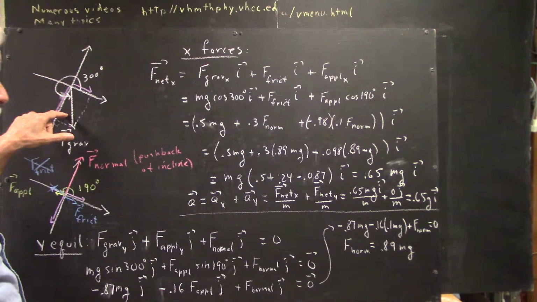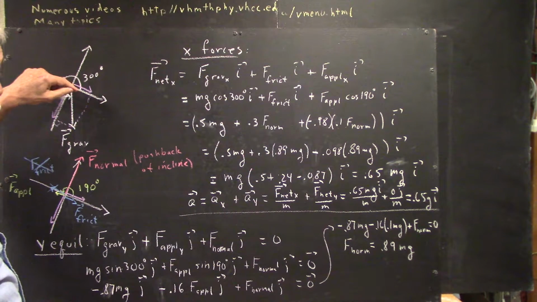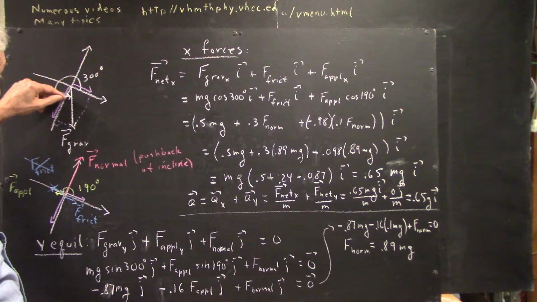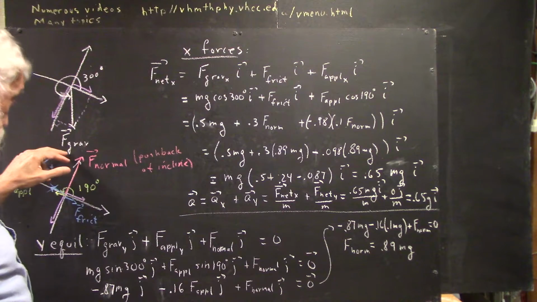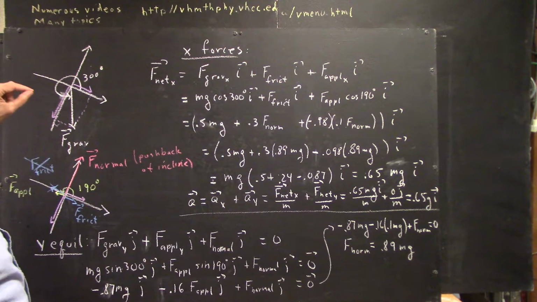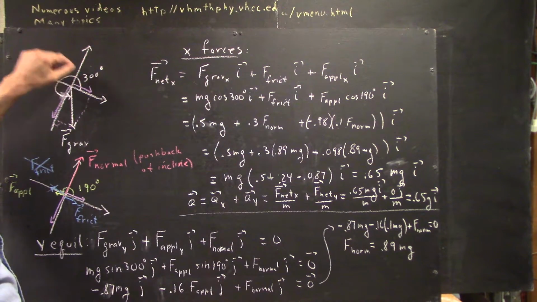The way I've oriented it here, you have then an angle of 270 degrees plus 30 degrees, or 300 degrees, between the gravitational force vector and the positive x-axis.